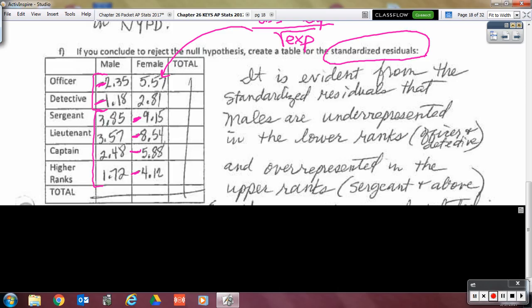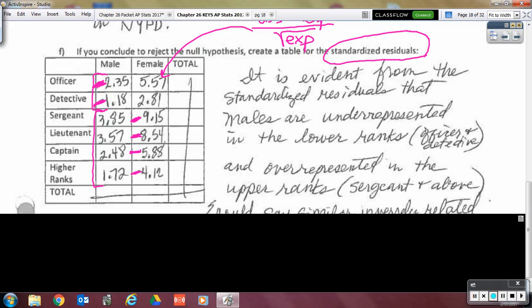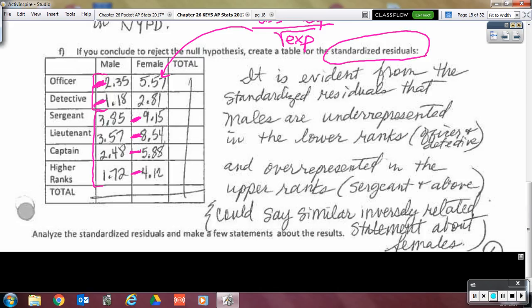I also marked the ones that are negative, so you can see the negative. What does a negative residual mean? The observed is less than expected. Do you see how there's kind of a pattern? You can see them grouped together. So that does seem to give me an indication of something happening there with males versus females.